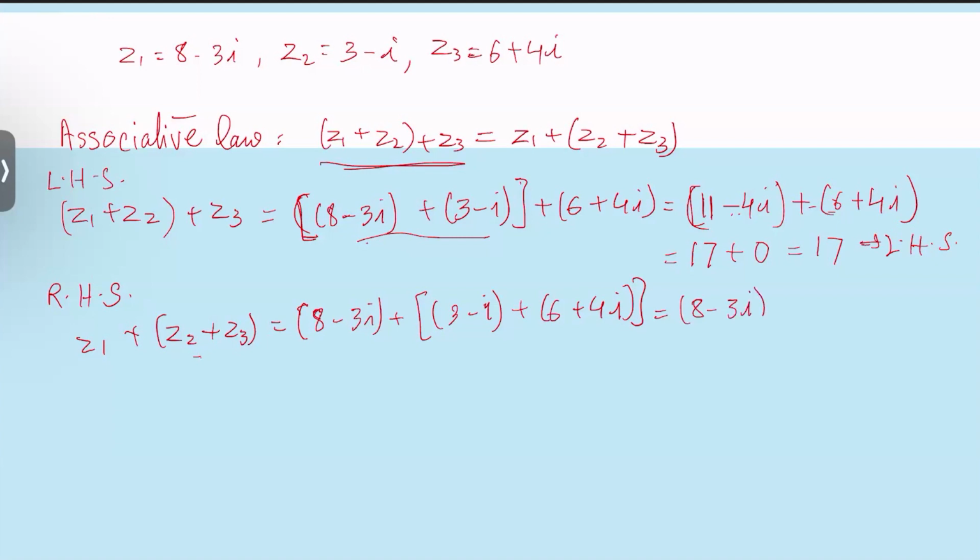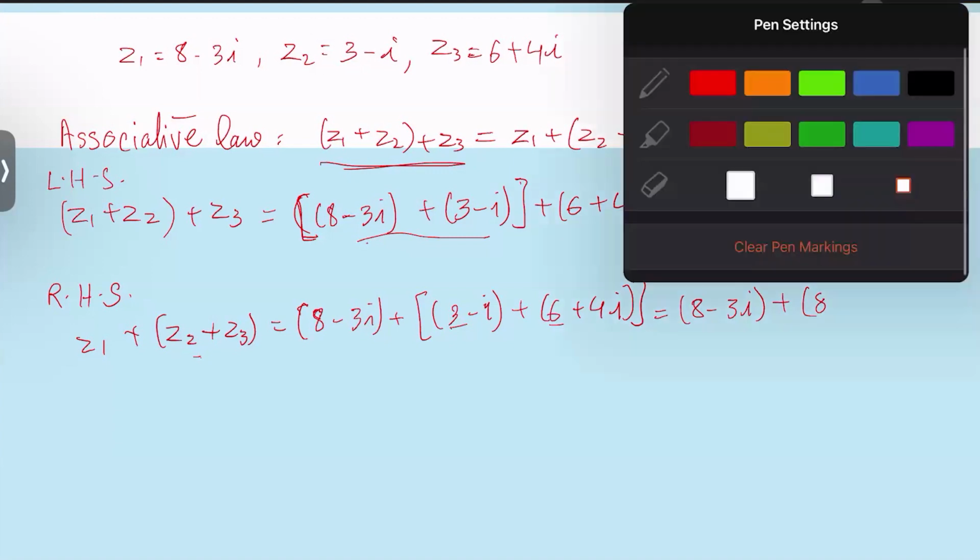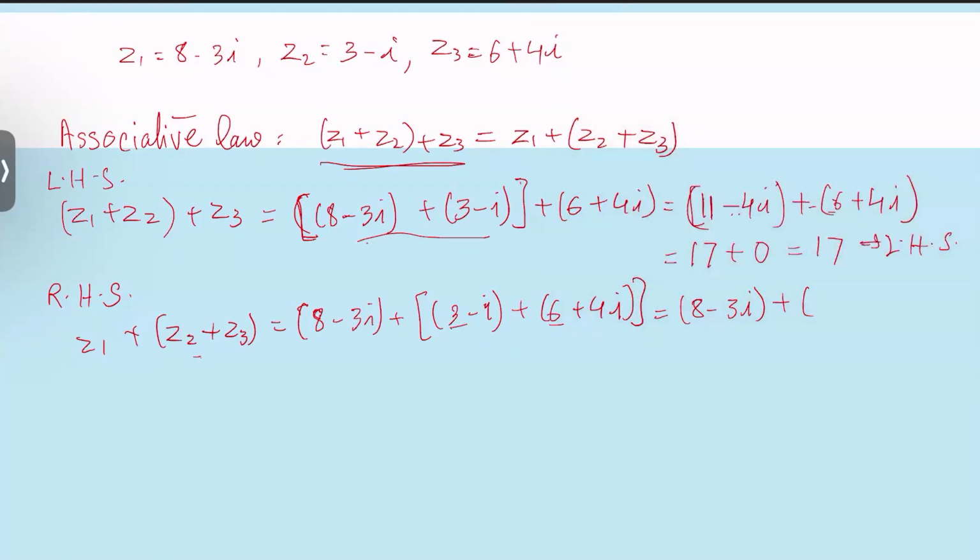Taking the real parts first and adding them up, that is 9. And you have minus i plus 4i, so that would be plus 3i. Then Z1, 8 minus 3i, plus 9 plus 3i: the real numbers add up to 17, and the imaginary numbers add up to plus 0. So what we are left with is 17, and that is your RHS.